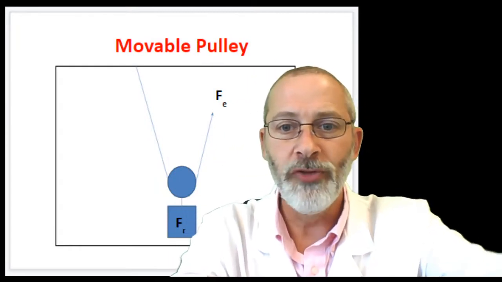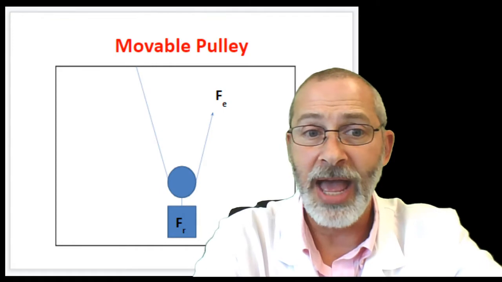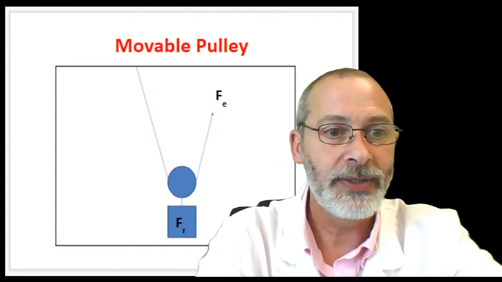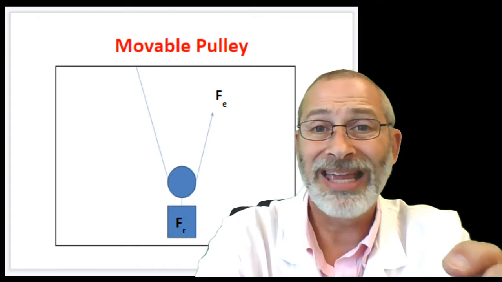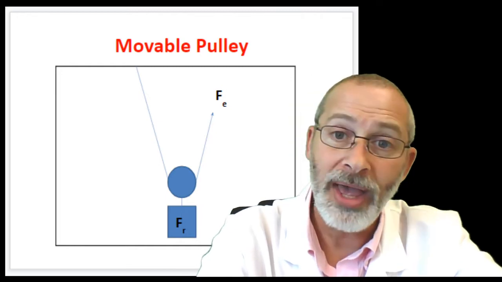So with our movable pulley, and hopefully you've got that diagram copied down as well in your book for a movable pulley system, you're going to be calculating the mechanical advantage in exactly the same way.